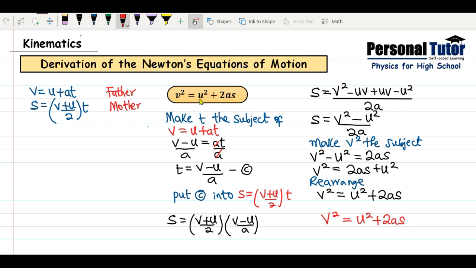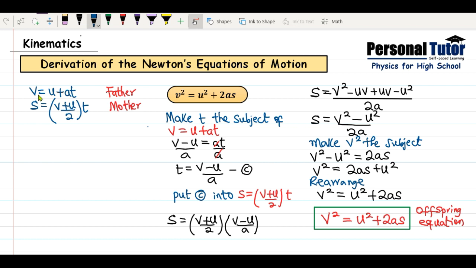And that is exactly what Newton gave us as an equation. And that is the last equation, referred to as the offspring equation. So, friends and happy learners, through this drama, we have been able to derive the Newton's equations of motion.